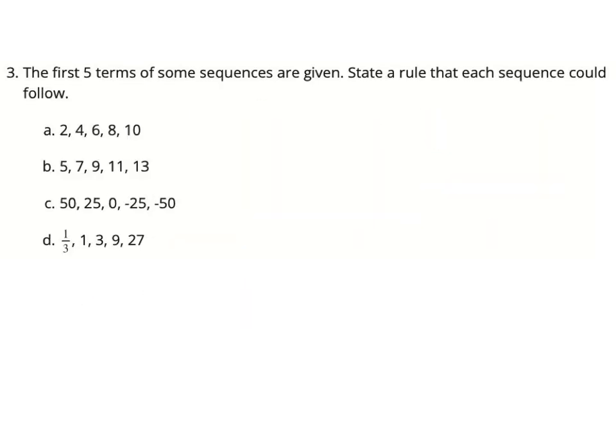Okay, here, the first 5 terms of some sequences are given, state a rule. 2 plus 2 is 4 plus 6, so that's plus 2. 5, 7, 9, that's also plus 2. 50, 25, 0, so that's minus 25.